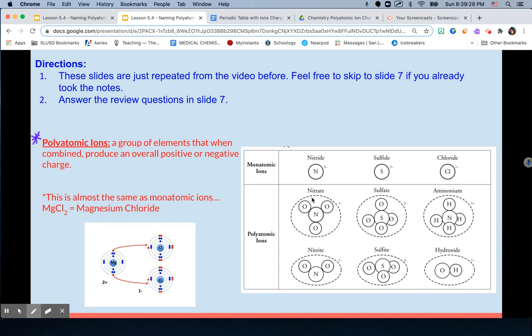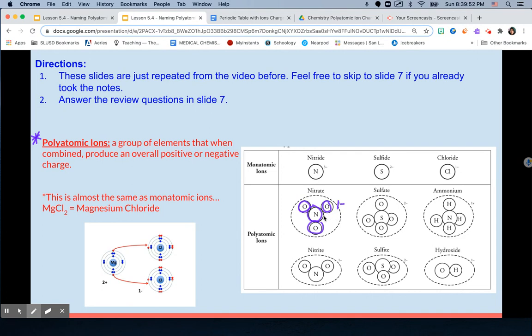Here is an example of a polyatomic ion. I have 1, 2, 3, 4 elements, and when they're all combined together, they will have a charge of 1 minus, right? So this is something that chemists often memorize, but don't worry about memorizing the charges of these polyatomic ions.